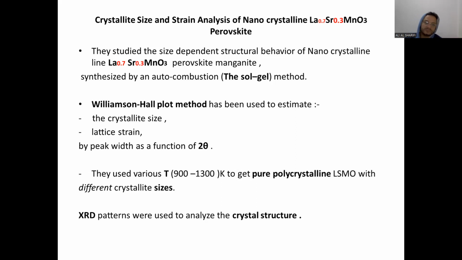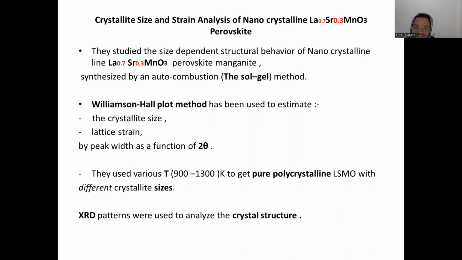Here, let's talk about the Williamson-Hall plot method. What has it been used for? To estimate the crystallite size and lattice strain, by peak width as a function of 2 theta.